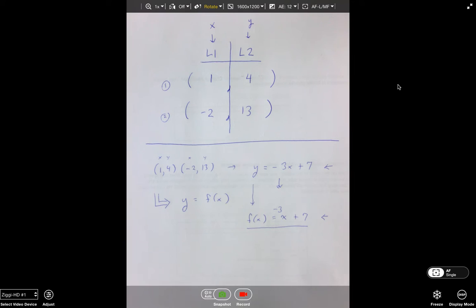What that allows us to do is, let's say that I want to find the value of y when x is equal to 2. In function notation, all I have to say is find f of 2.